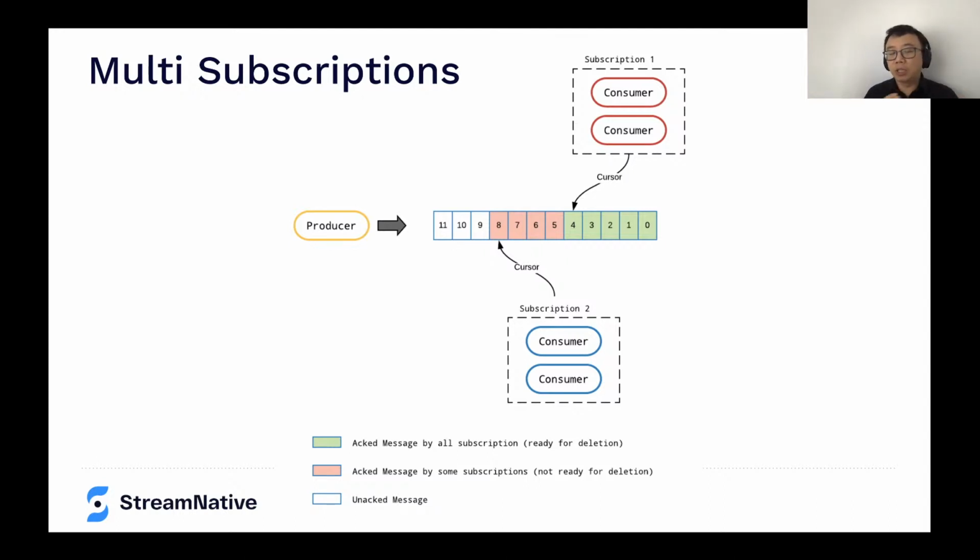If Pulsar tried to delete those messages, it would cause message loss for subscription 1 because subscription 1 has not consumed those messages. So this is another important aspect: messages are only ready for deletion after all the subscriptions have confirmed that they processed the messages.